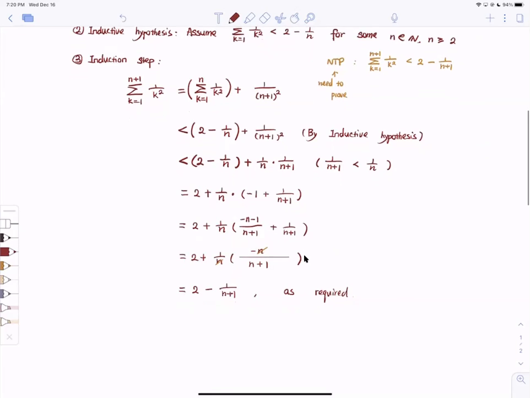Therefore, by the principle of mathematical induction, this is always true: the sum from k equals 1 of 1 over k squared is less than 2 minus 1 over n for all natural n greater than or equal to 2. All right, any question?